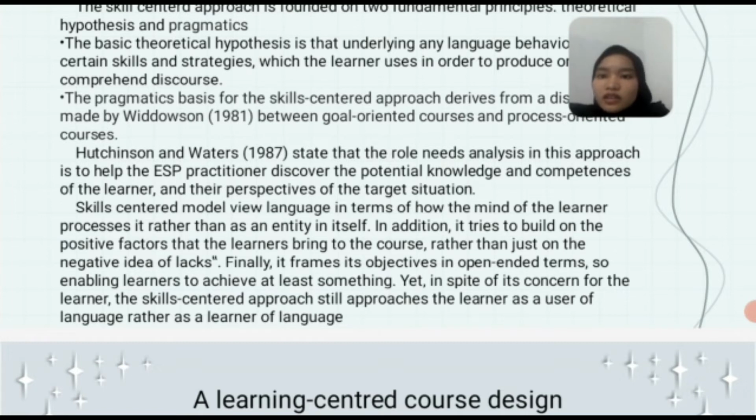In addition, it tries to build on the positive factors that the learners bring to the course rather than just on the negative idea of lack. Finally, it frames its objectives in open-ended terms, enabling learners to arrive at something.